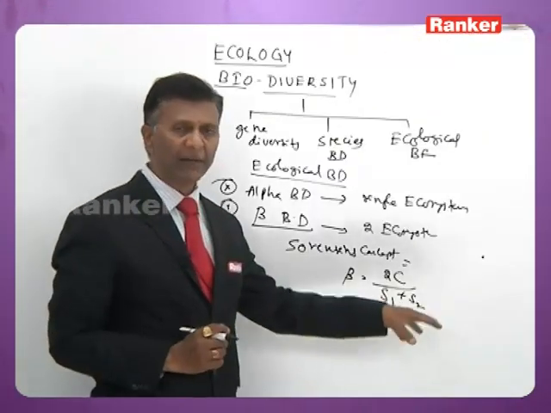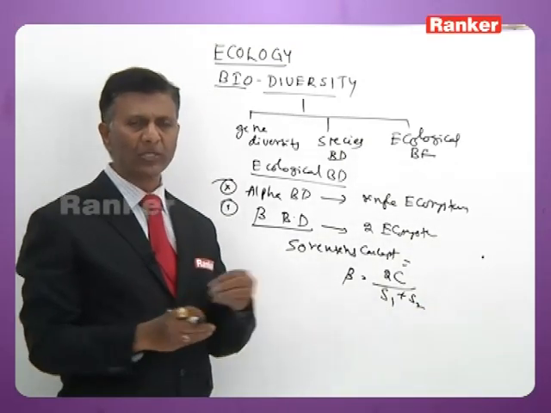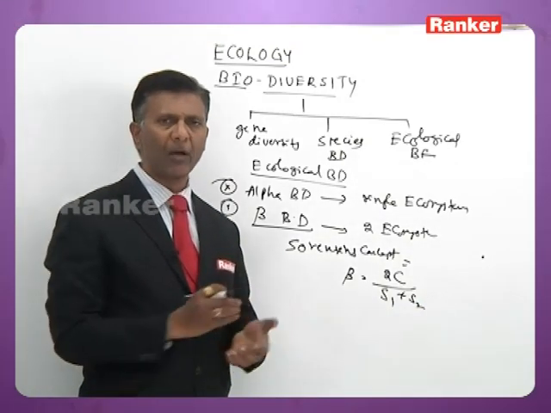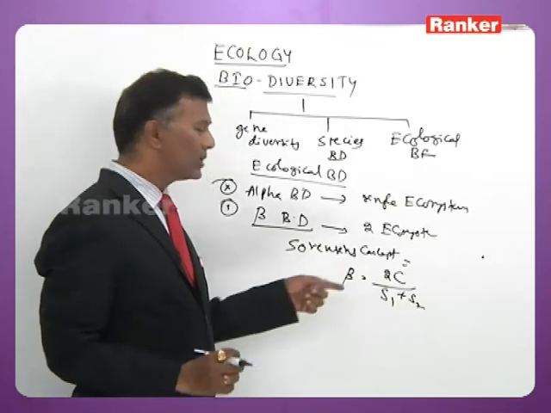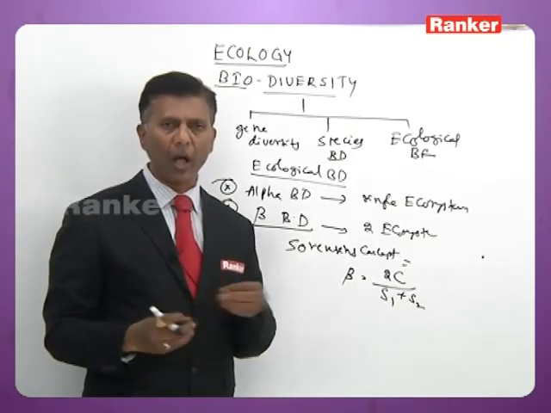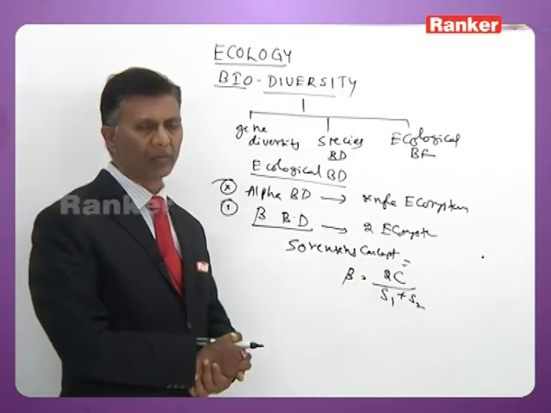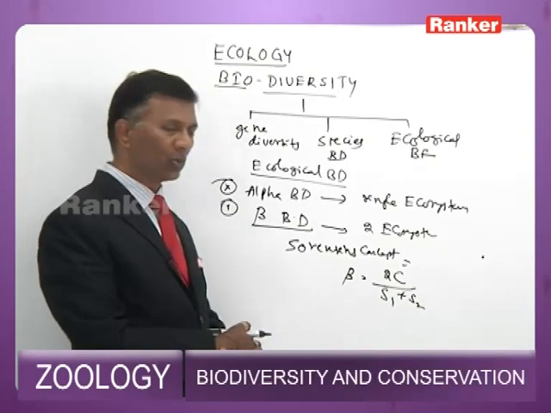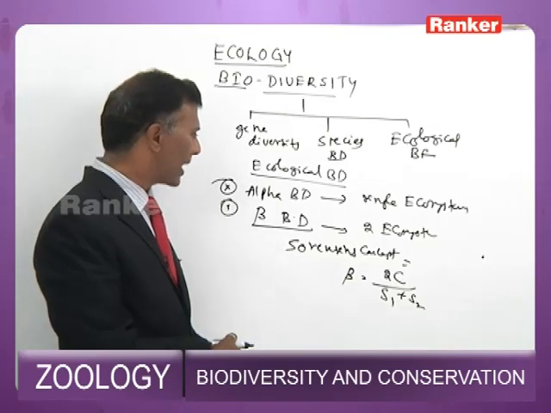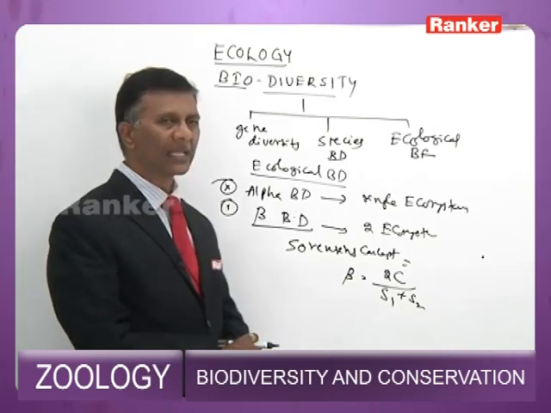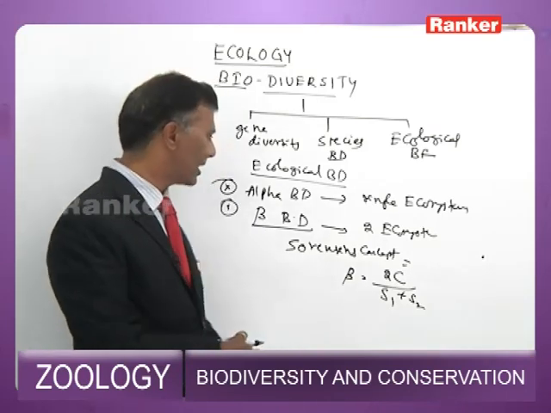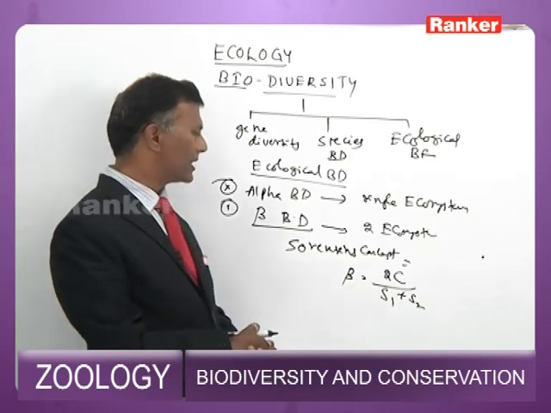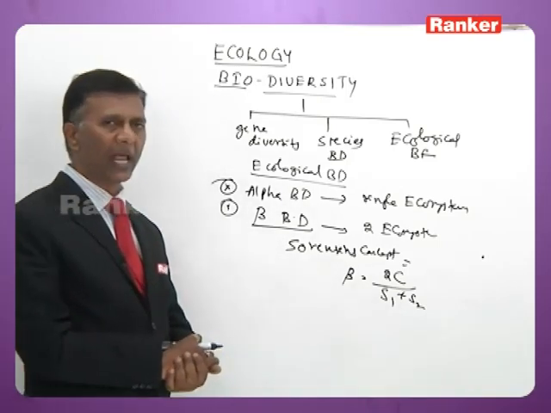S2 is the diversity of organisms in another ecosystem which is in the vicinity of the first one. 2C is the organisms that are common to both S1 and S2 ecosystems. So Sorensen's concept reflects the beta diversity, where beta diversity is equal to 2C by S1 plus S2.